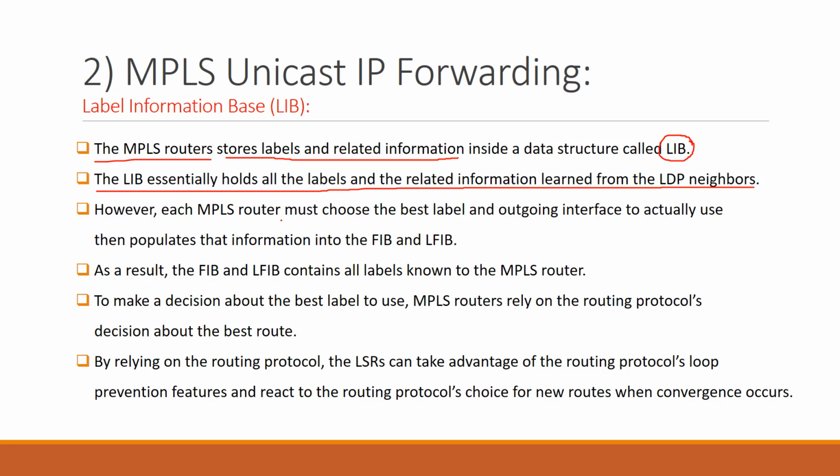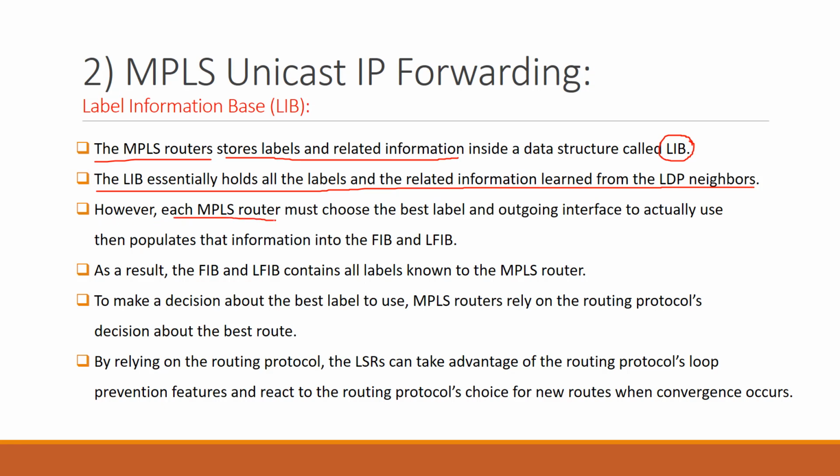Any label that comes from an LDP neighbor will be stored inside the LIB. Why? To process the received labels and choose which one is the best based on things that we will discuss later. And actually we can say it right now.